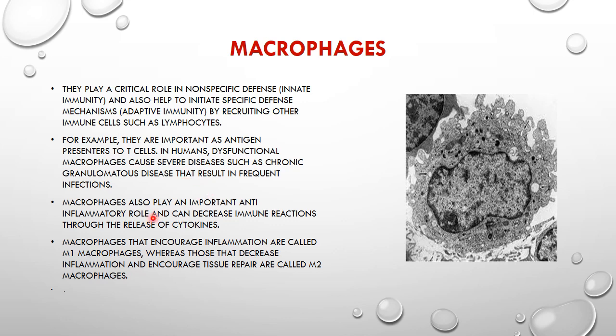They also play an anti-inflammatory role and can decrease the immune reactions through the release of cytokines. So macrophages that encourage inflammation are called the M1 macrophages, whereas those that decrease the inflammation and encourage tissue repair are called the M2 macrophages.